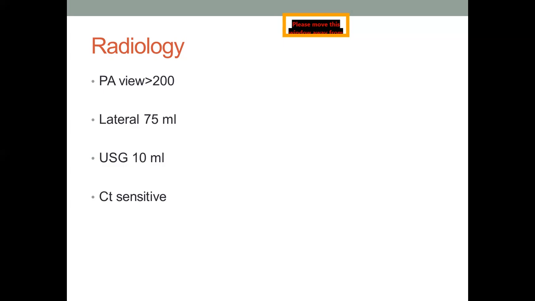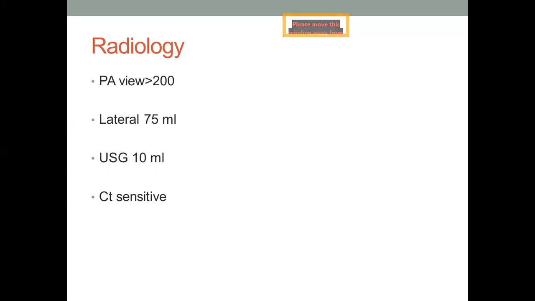Ultrasound chest can pick up to 10 ml of pleural effusion, which is more sensitive than chest X-ray. Also, ultrasound can be used to localize the site for thoracocentesis, and sometimes one can differentiate the pleural effusion into transudative and exudative on chest ultrasound.